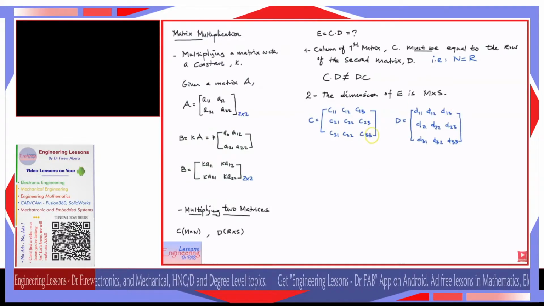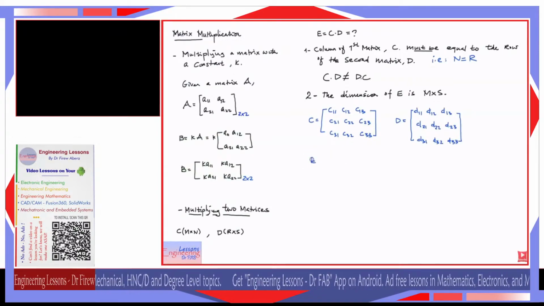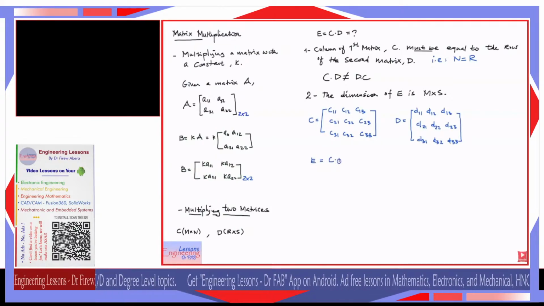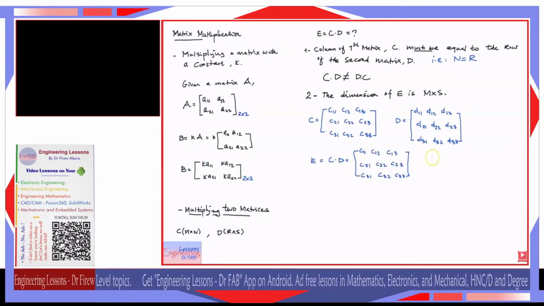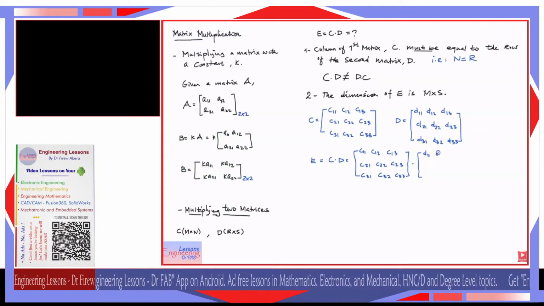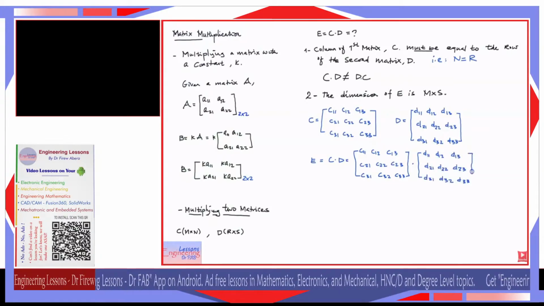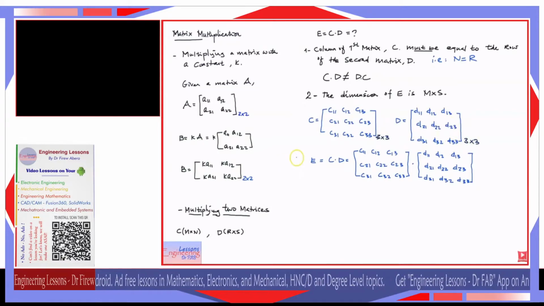Now our matrix E, which is a product of the two, so E is C times D. We write out first row of C times column of D11. Now we know that this is a 3 by 3 matrix, and this is also a 3 by 3 matrix. This is just coincidence.